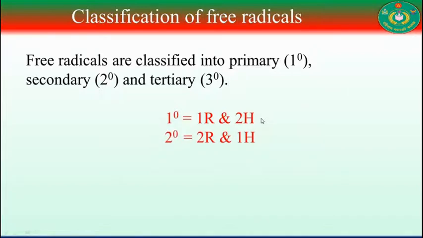Then secondary or 2 degree free radicals, which contain 2 R and 1 hydrogen, and finally 3 degree free radicals, which contain 3 R or 3 alkyl groups but no hydrogen atom here.